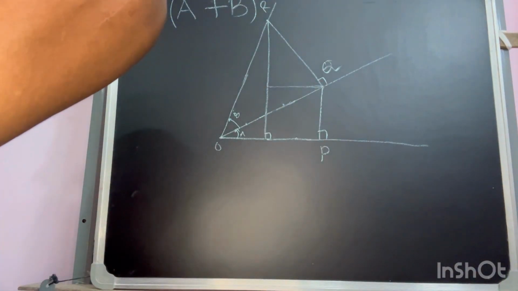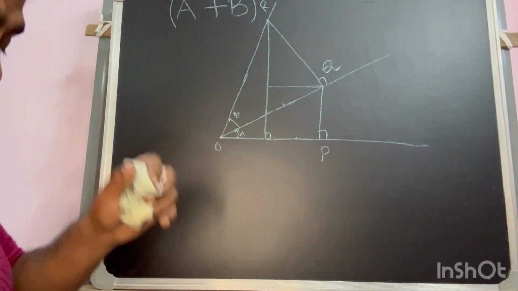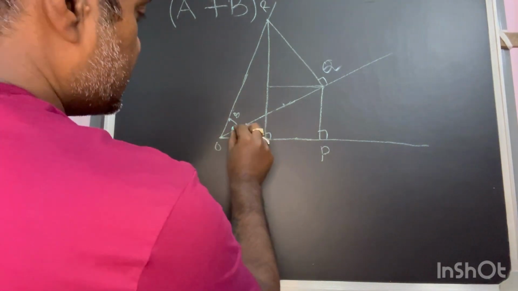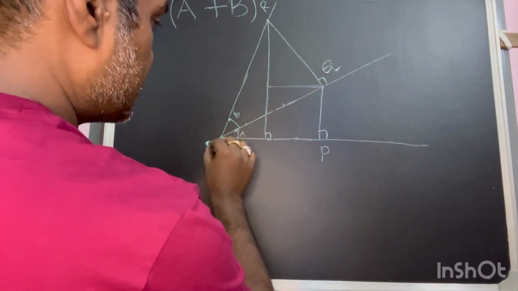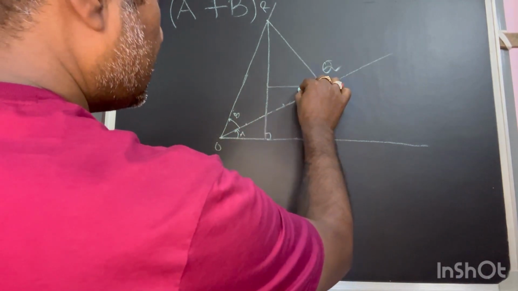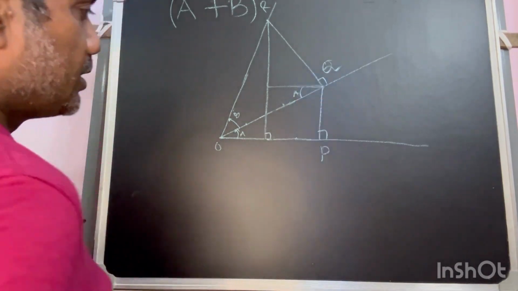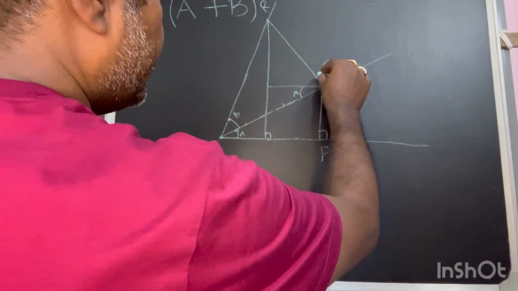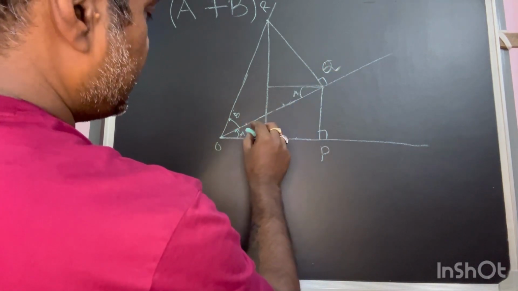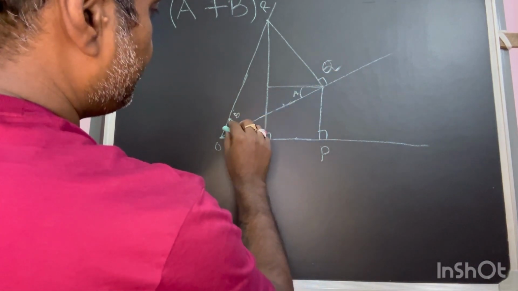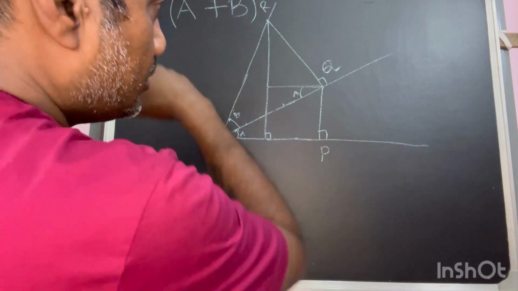Now let me make you understand the geometry. This is A, I assume this is parallel, this is an intersecting line, so this must be A, and this is 90 degrees, the complete angle. Now this is A and this is your B angle.